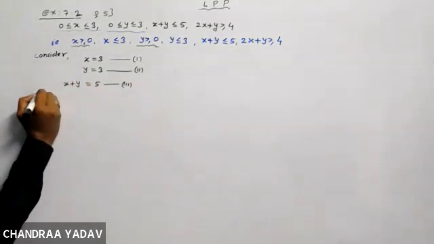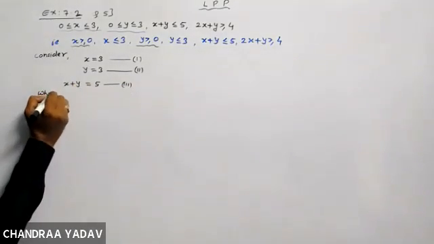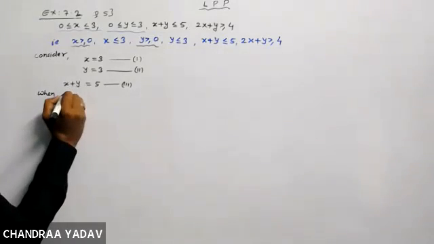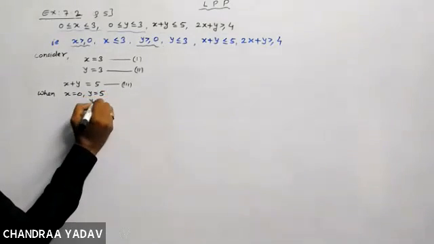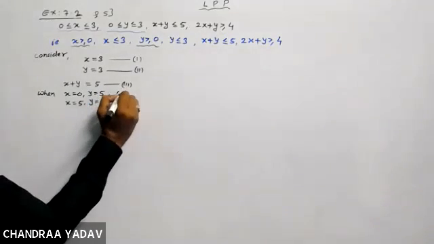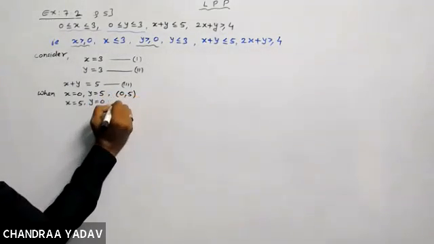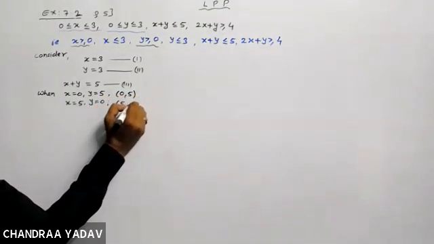So now here, when x is 0, y is 5. When y is 0, x is 5. So now we get coordinates 0, 5 and 5, 0.